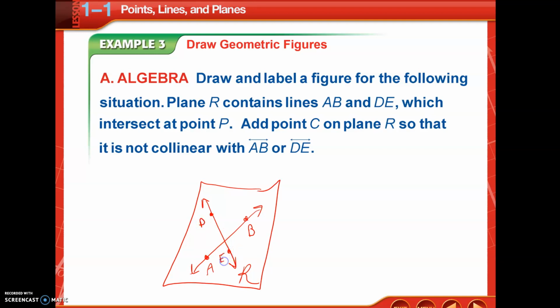So 2 lines, they intersect, so they cross at point P, and point C on plane R, so that it is not collinear, so I need a point C somewhere that's not on those 2 lines. So that would be a good drawing of it. So this is just making sure we understand it by being able to draw it. So can we look at it and find the lines, and then can we draw it?